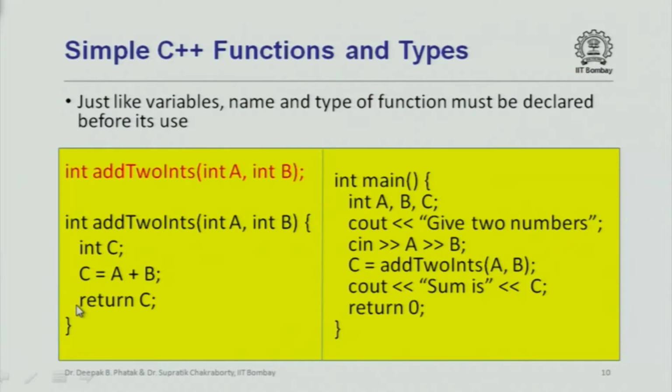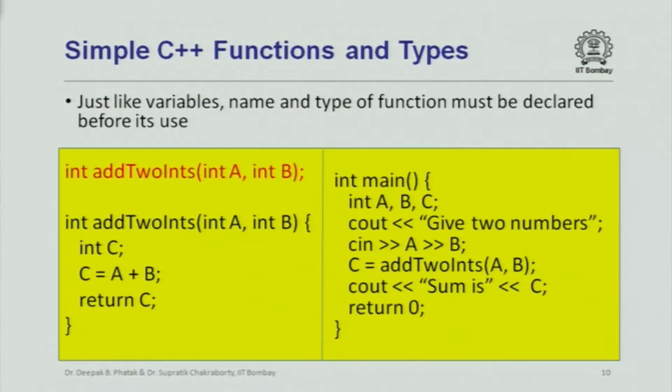As I said, a function is just a computational subtask. I have given it a name. So here the computational subtask is to add two numbers. I have given it the name add two ints. You might give it whatever name you want to give. So over here, instead of directly adding a plus b, I am saying pass these two parameters to this computational subtask.